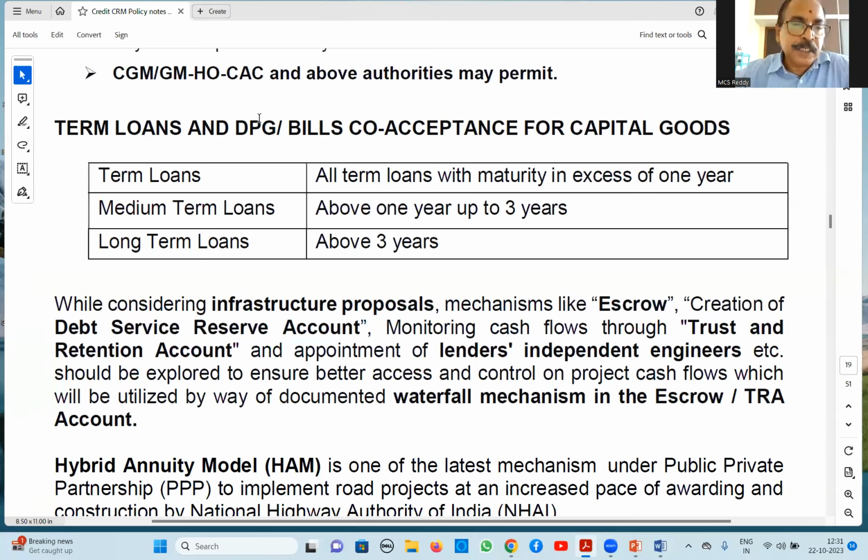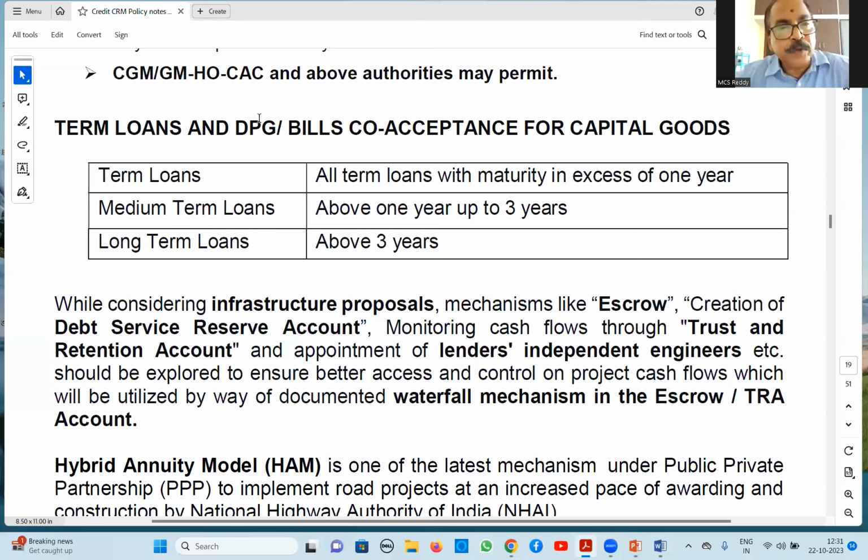What this DPG says is, next year 20 crores, if our borrower is not paying, we, the bank, will pay. This is the guarantee given to the supplier of machinery. So basing on our guarantee, the supplier will supply machinery to this borrower. That we can give as a loan. When we give a loan, it is called a term loan.